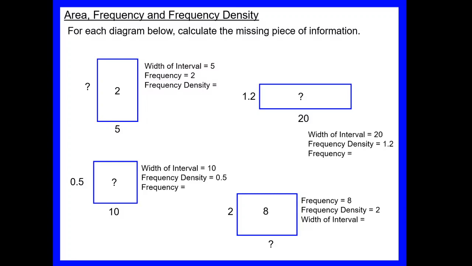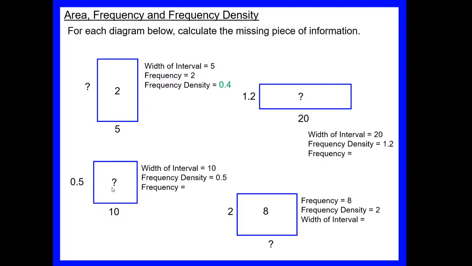Okay, so let's have a look at these. For the first one, I've got an area of 2 and I've got a side of 5. To find the other side, I need to do the area divided by one of the sides, so our frequency divided by our width of interval, which gives us a frequency density of 0.4. For this one here, we've been told the width of the bar is 10 and the height is 0.5, so our frequency density is 0.5.